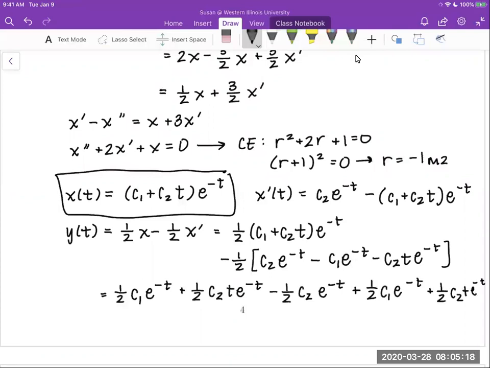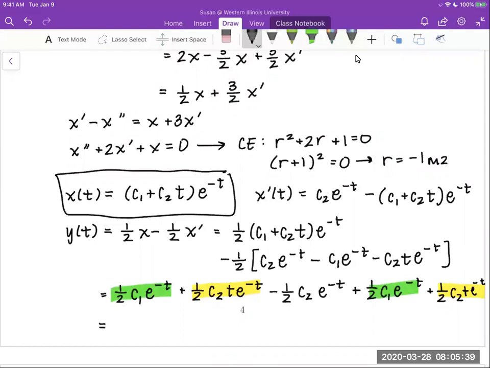All right, so let's take a look at what we have. We have these two terms, which we'll add. We also have these two terms, which we'll add. And then that final term is just kind of by itself.